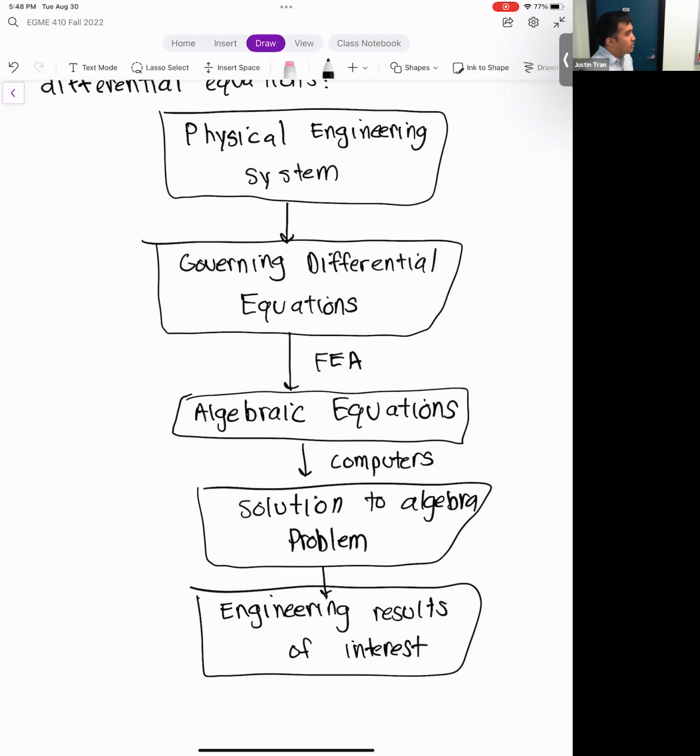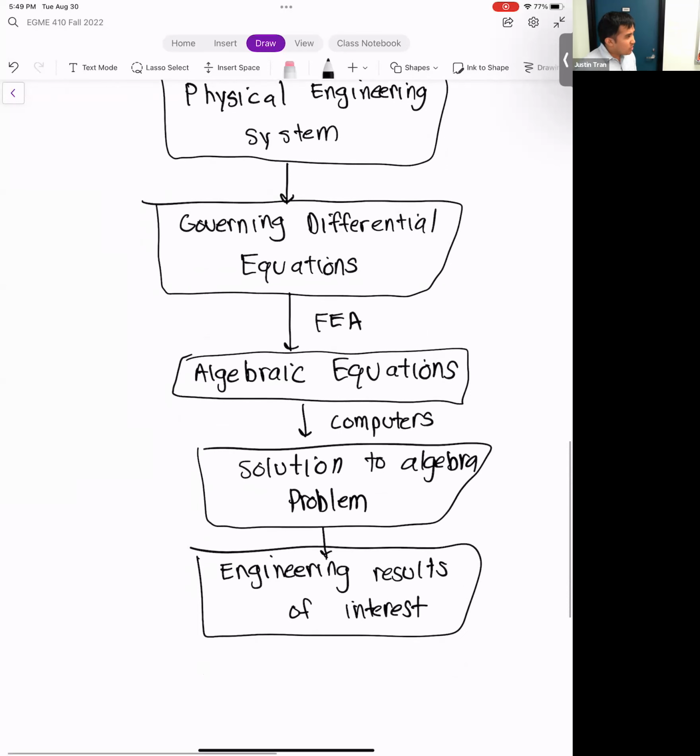There's even more specialized topics out there like chemical systems. If you're modeling things like combustion reactions, those are modeled by differential equations. There's a lot of aerospace applications, so many things are governed by differential equations. So anything that has a differential equation, you can apply FEA to it. And so the applications for FEA are very, very vast.